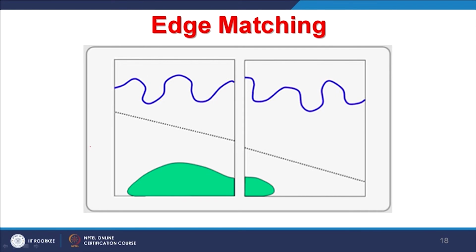Suppose this image belongs to 1990 and this image belongs to 2010. Now I have a 20 year time difference. If this has been surveyed in 2010 and I go edge to edge trying to match, there will be a mismatch something like here, or here, or even for a polyline something like here.